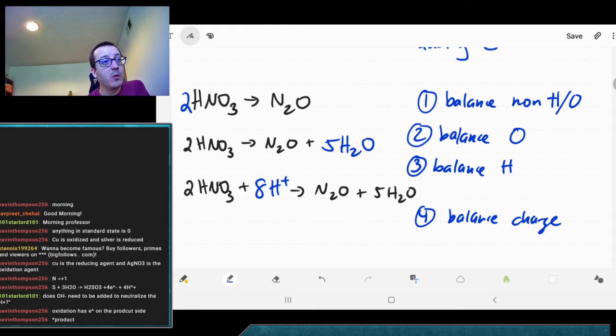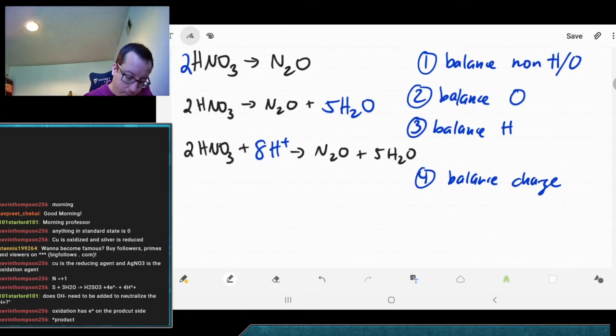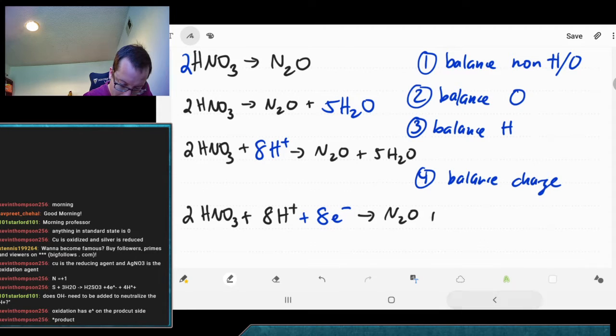You see we have 8 positives on the left, so we're going to need 8 electrons as well on the left to cancel that out. Okay, so we have done all the steps for this half reaction now. So that one's done.